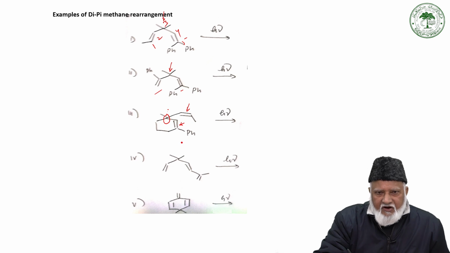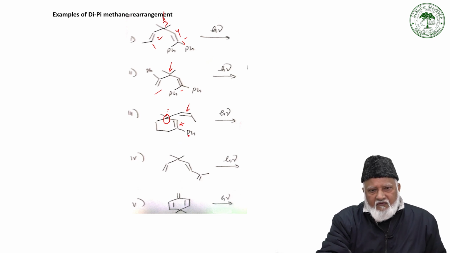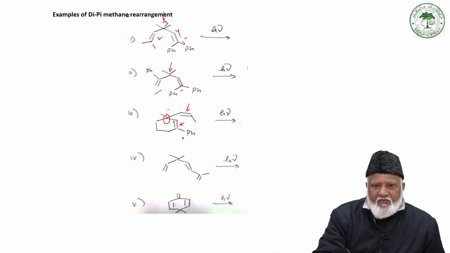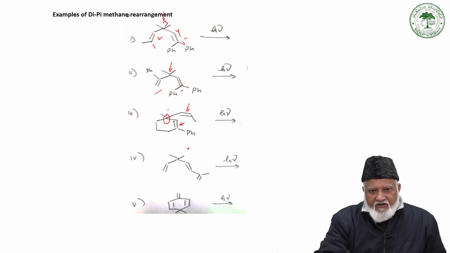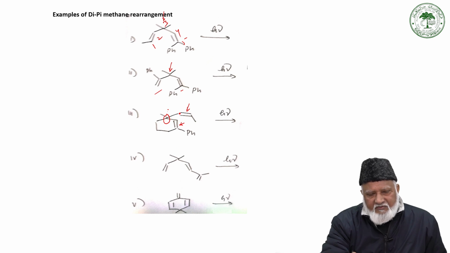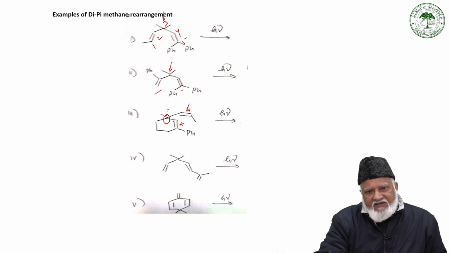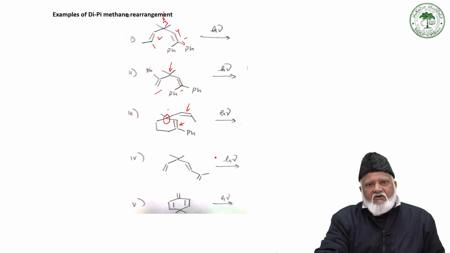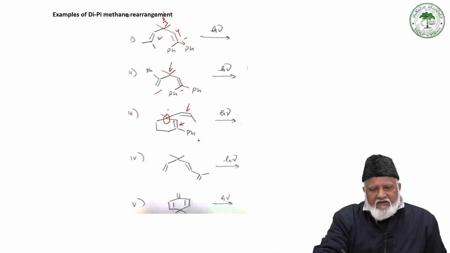rearrangement to give the vinyl cyclopropane product. So all these double bonds in all these examples are unsymmetrical, and hence in all these cases there is a possibility of formation of two products, but it gives exclusively one product in major amount.